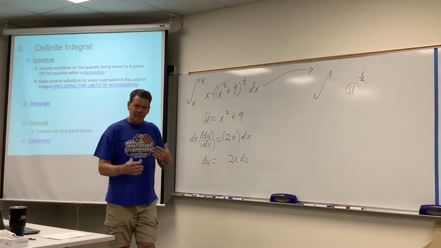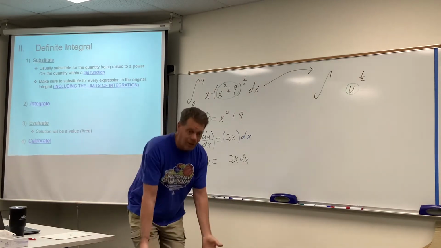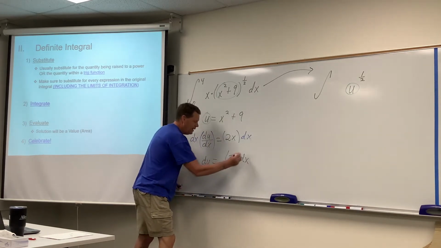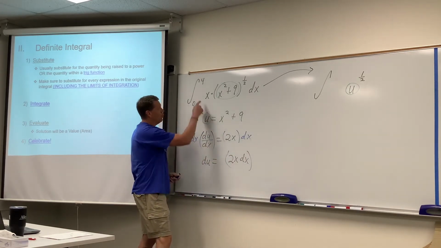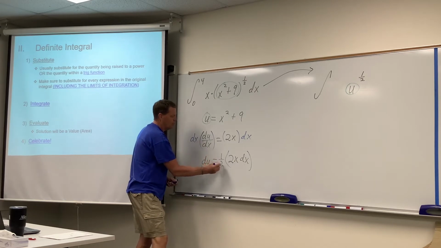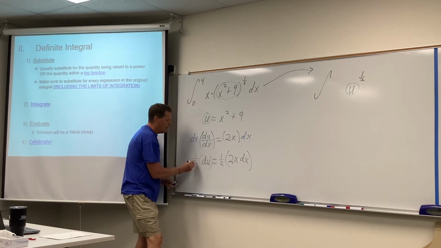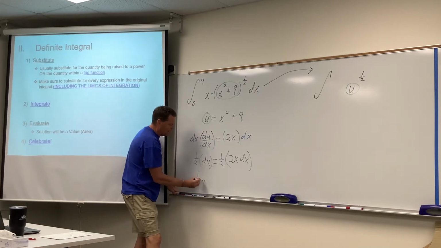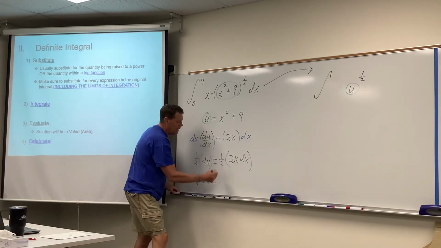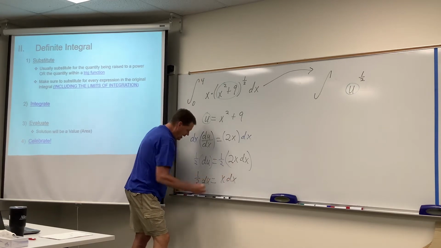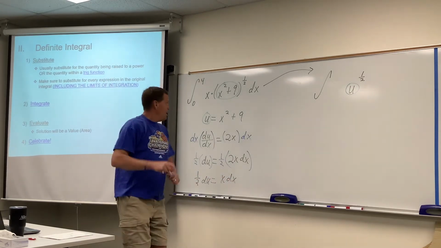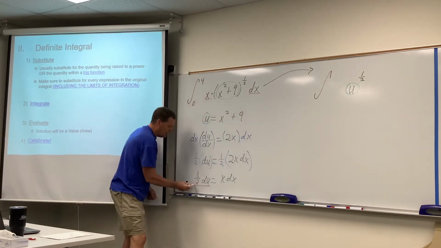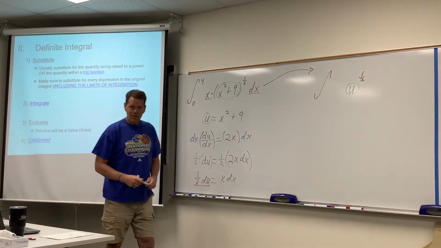So as we've seen multiple times, if something falls in our lap, all we have to do is change that 2x into a 1x, and in this example, wouldn't multiplication by 1/2 on both sides give us that? So this will give us 1/2 du equals x dx, and you will note that the x dx in the original integral can be replaced with 1/2 times du.